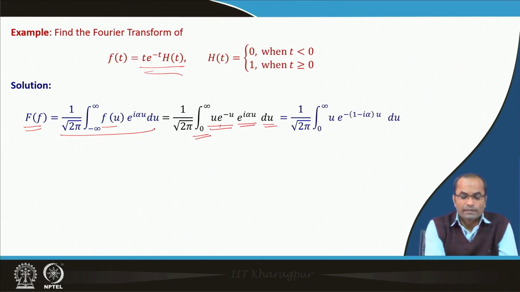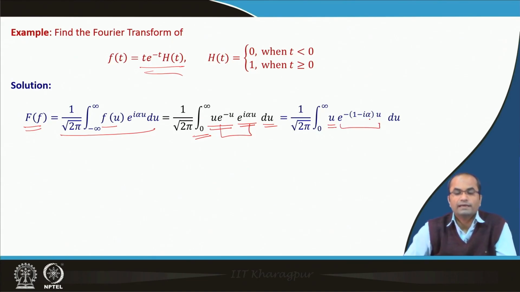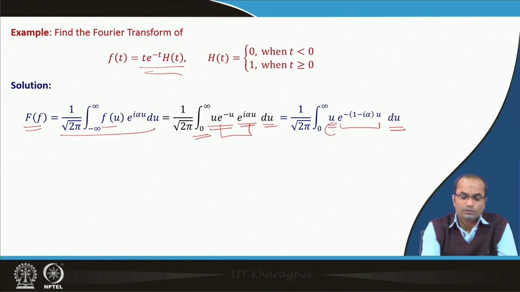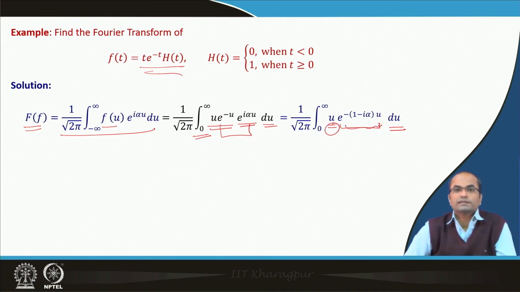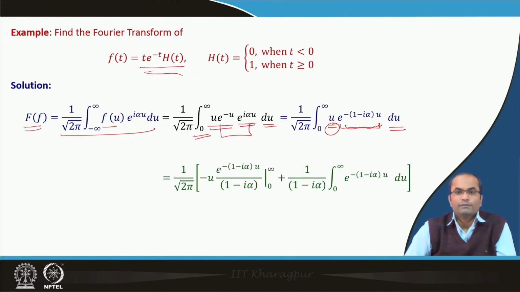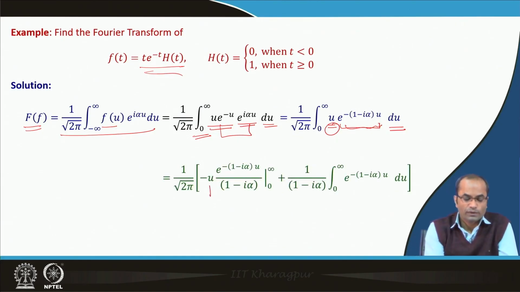Then we can combine the exponentials. So we still have u there, and then the exponential e^((1 - iα)u)... with the integral over du. Because u is there along with the exponential, we have to integrate this by parts. Integrating by parts, we keep u as it is and integrate the second one.